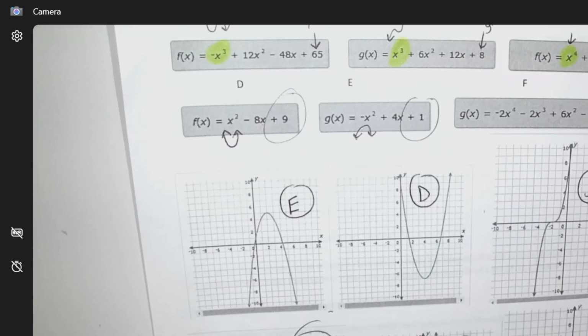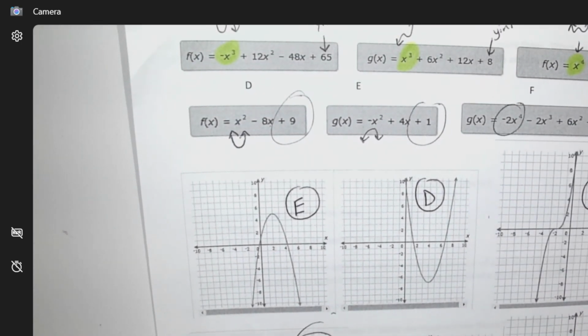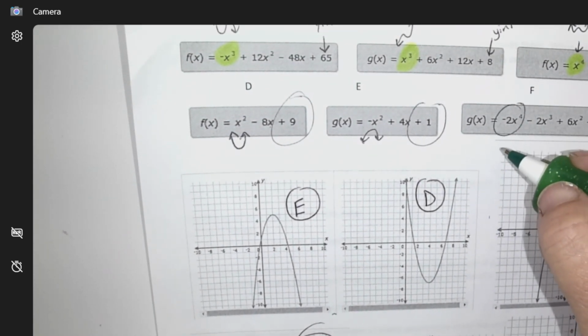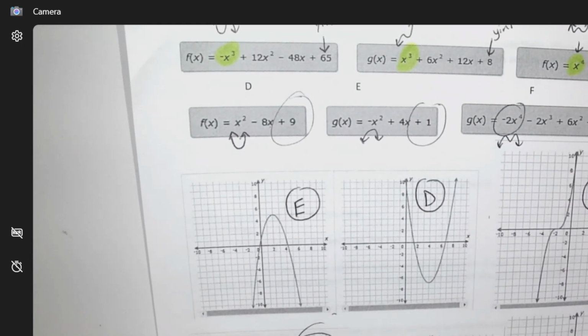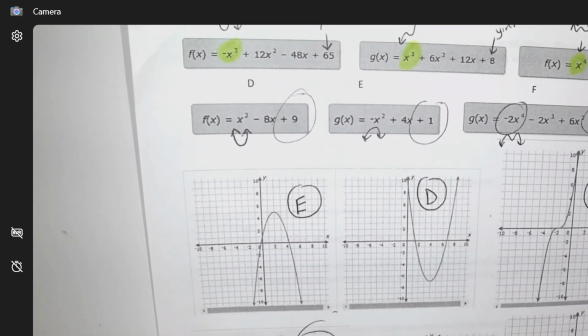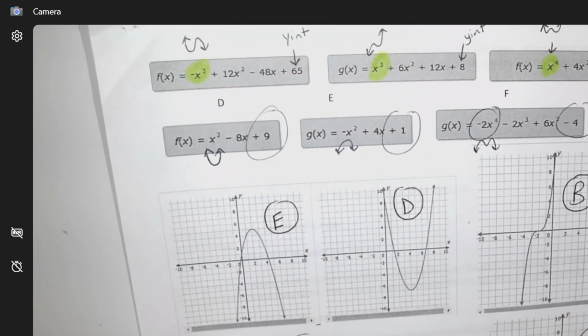So that'll match E. And then the last one is an x to the 4th with a negative coefficient. So then arrows are down, down, y-intercept of negative 4. So that one is F.